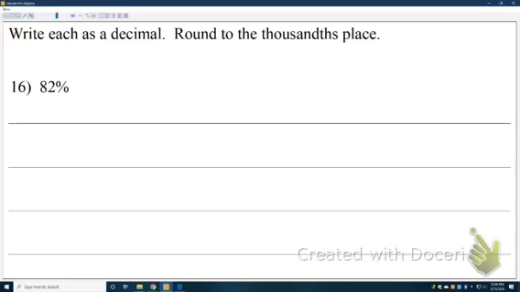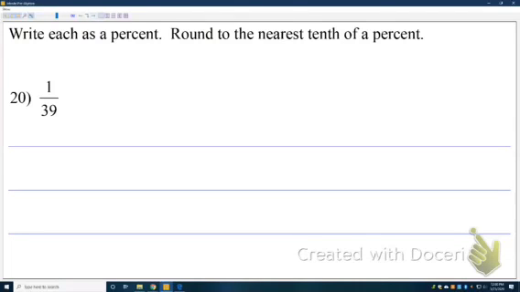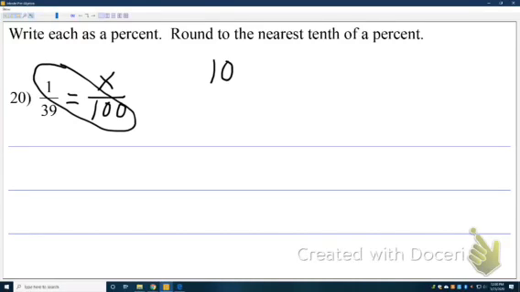Okay. These. Write each as a percent when it is a fraction. That means if it's going to be a percent, what will the new denominator be? That's right, 100. I hope you all said that. So that means X on top. Now you're butterflying. 1 times 100 is 100 divided by 39. And so actually that's going to end up as 0.39, I'm pretty sure.